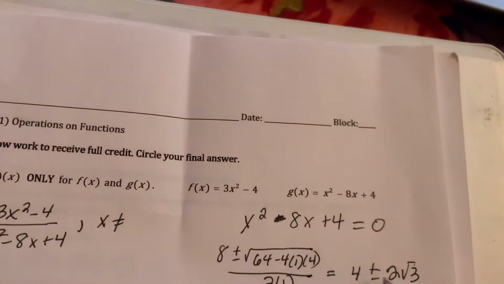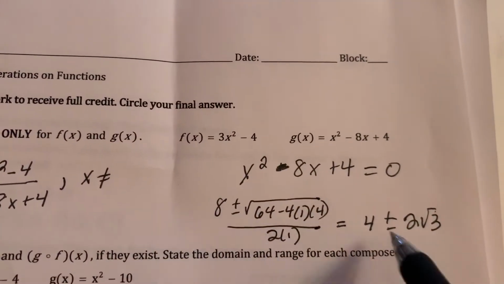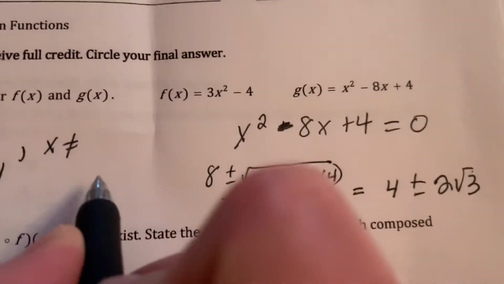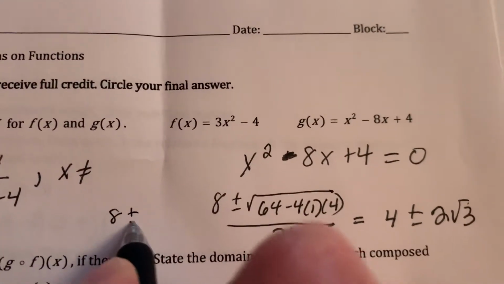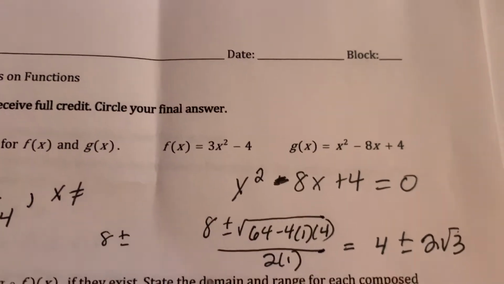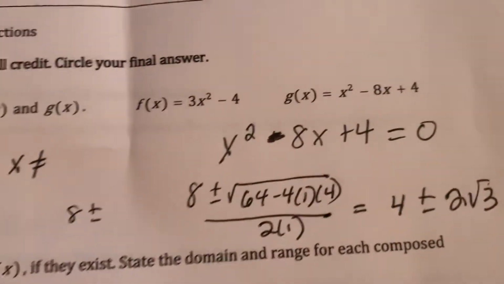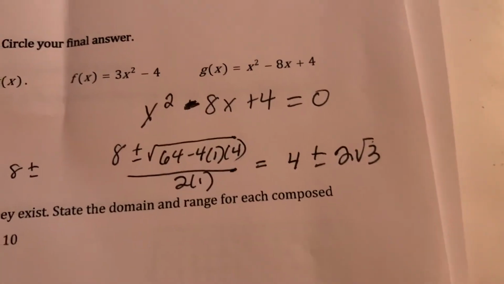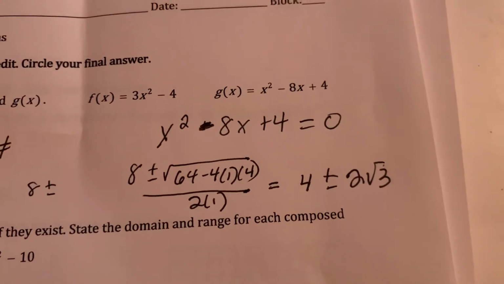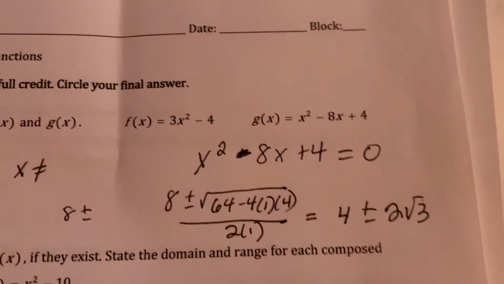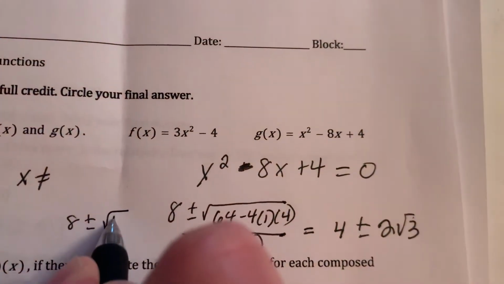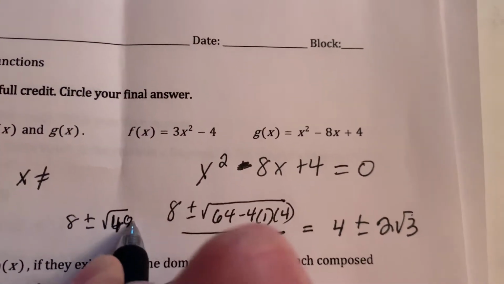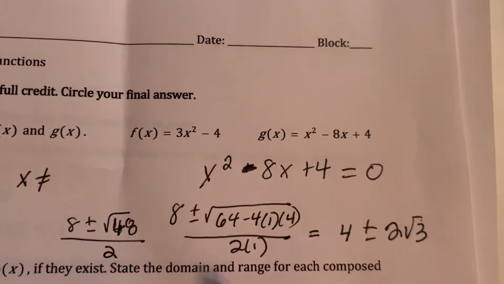Okay, so let's show the here to there progression. So it's going to be 8 plus or minus, you're going to get under the square root 4 times 4 is 16, so 64 minus, it's going to be square root of 48 all over 2.